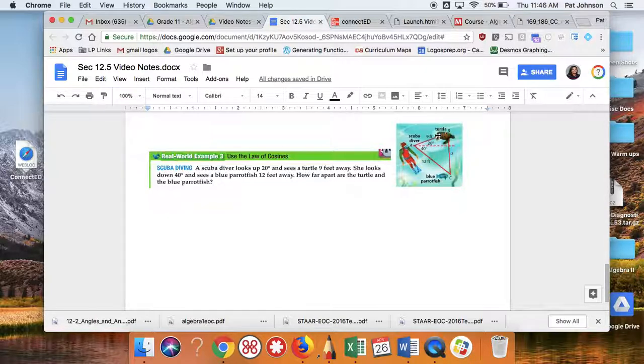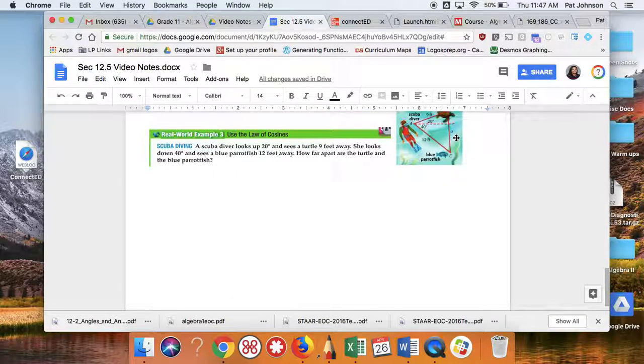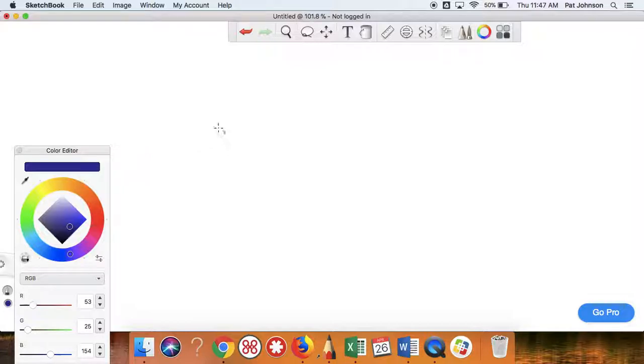We're given these two lengths, yes? So we're given two sides and an included angle, yes? So what are we going to use? Well, we're looking for this side, little a. So we're going to use the law of cosines. So we're going to say a squared equals b squared.